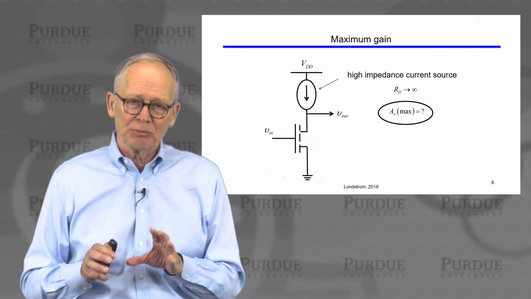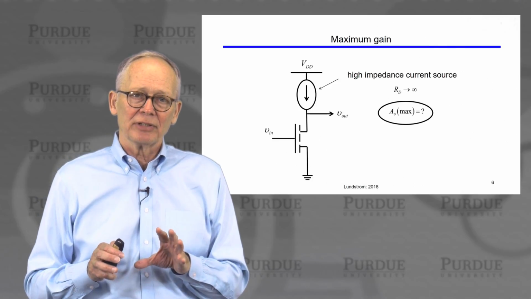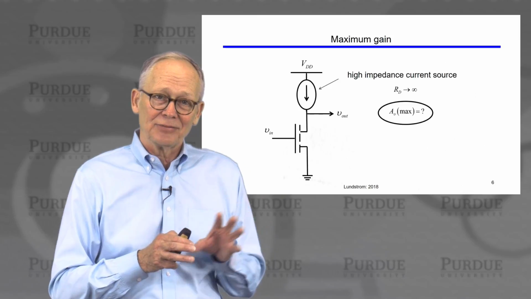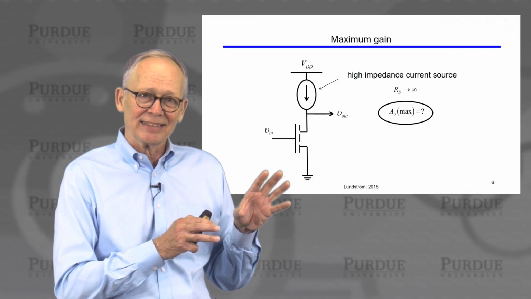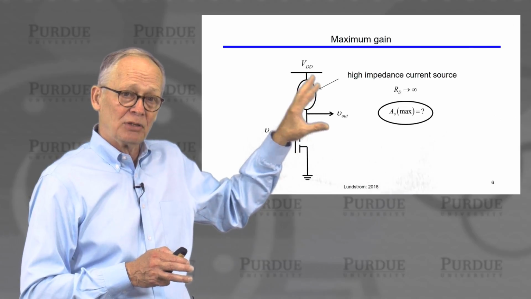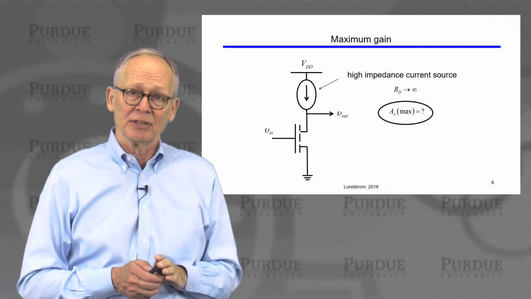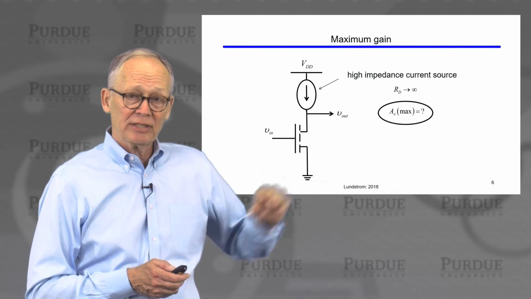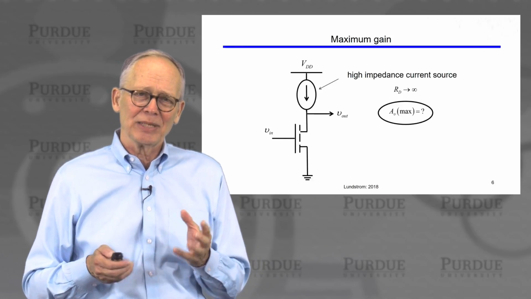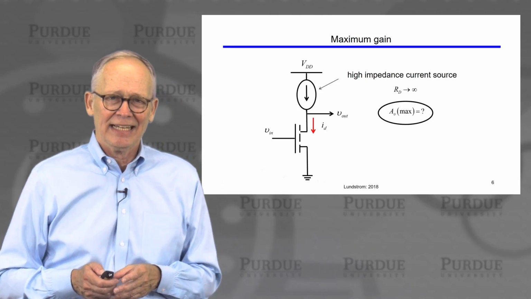So effectively, we're making that drain resistor in the previous circuit infinite. All right, that wouldn't work for the DC biasing of the device, but if we implement this with a current source, then small signal wise, we can essentially have an infinite resistor there. And then the question that we have is, what is the gain? Well, the gain isn't infinite because we have to look in a little more detail at the transistor.